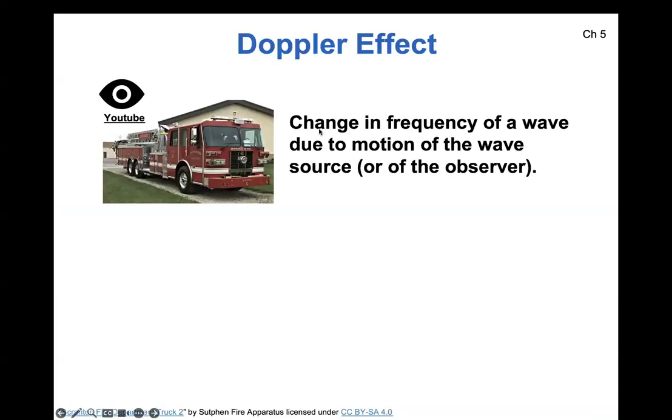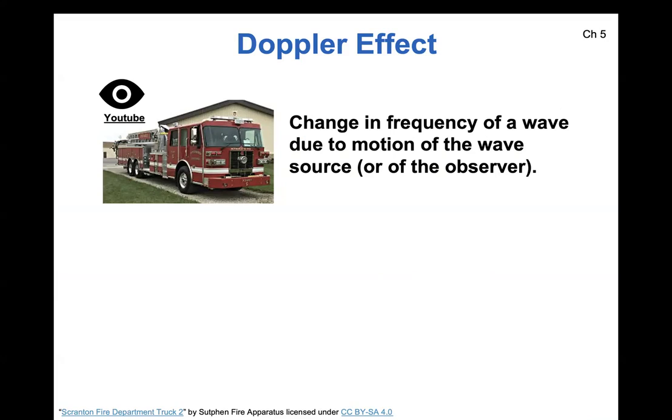All right. So if you are thinking about sound, the change in frequency of a wave due to the motion of the wave relative to the observer is the Doppler effect. And that creates the effect of a siren passing by you. It's higher pitch when it's approaching you, and then it drops to lower pitch as soon as it passes you and is moving away.